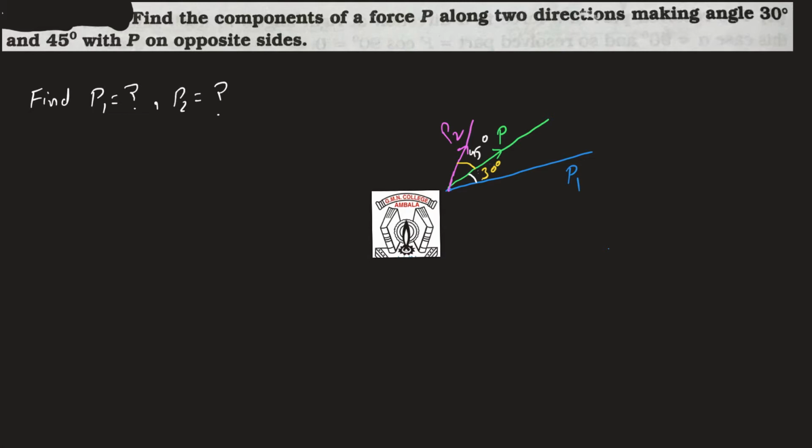Now, we have studied the formula for the component of the force P along the given directions, these are the given directions making angles 30 and 45 degrees. We have studied it in the last article and now I am using that formula once again for reference.